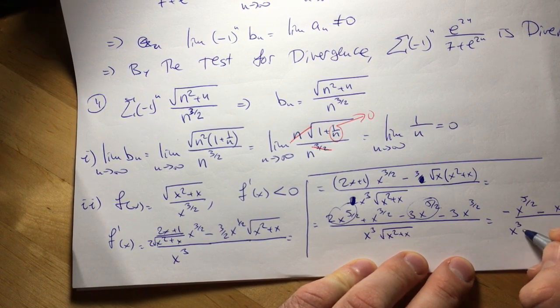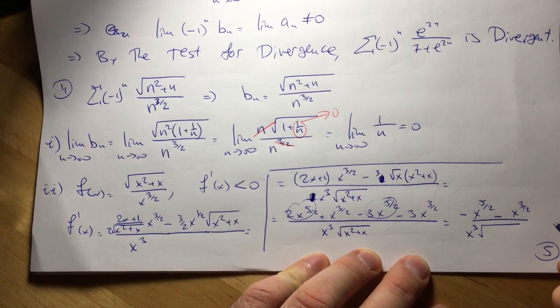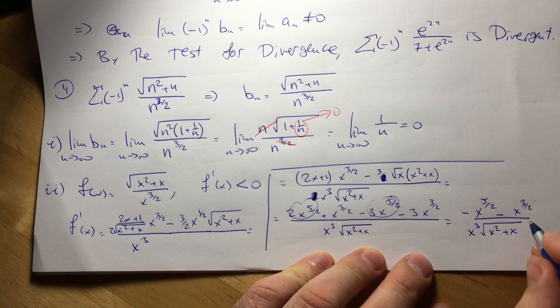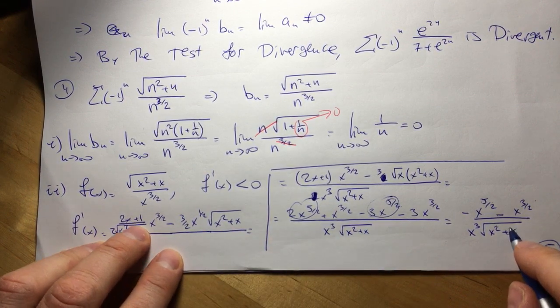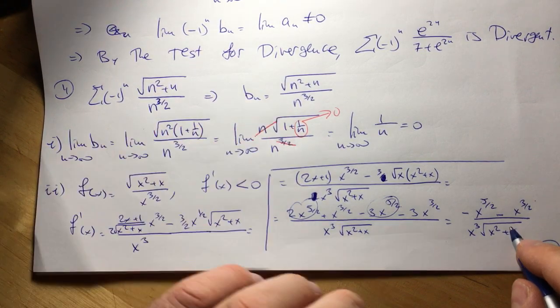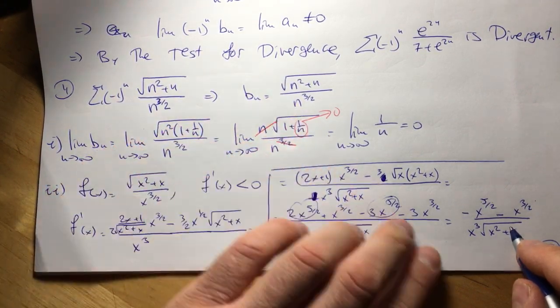Now recall that x in this case is always positive. Why? Because this function just represents this sequence when the function is evaluated at the integers, and we talk about positive integers only.